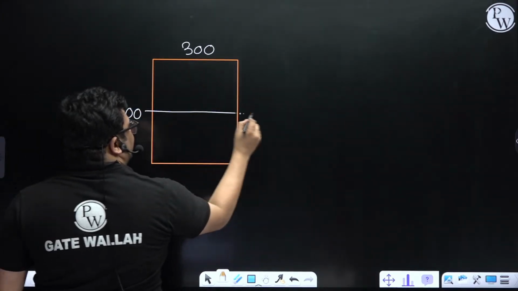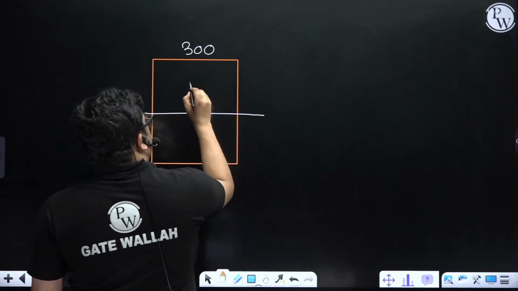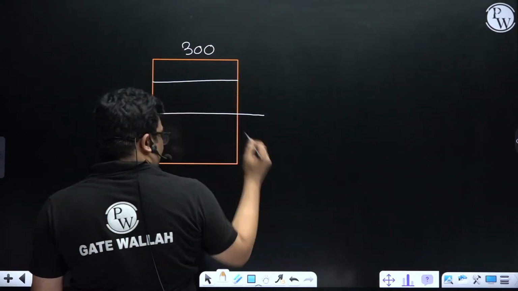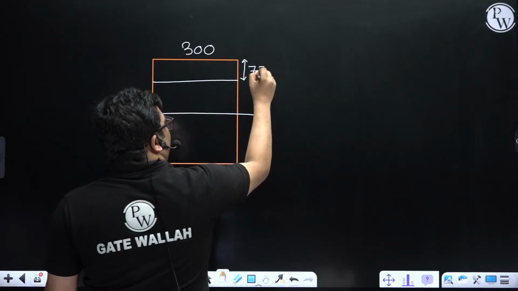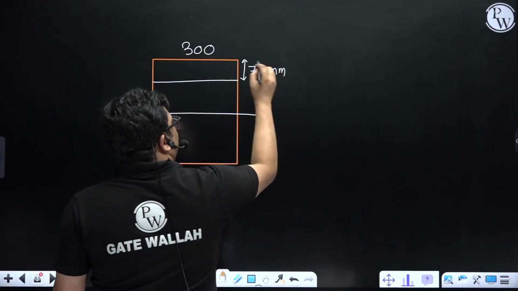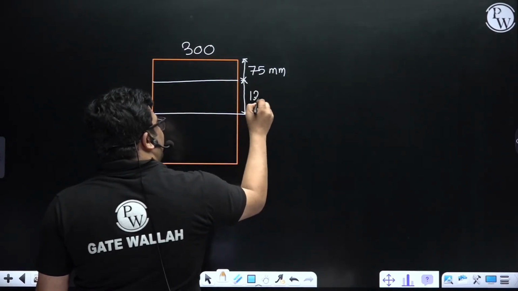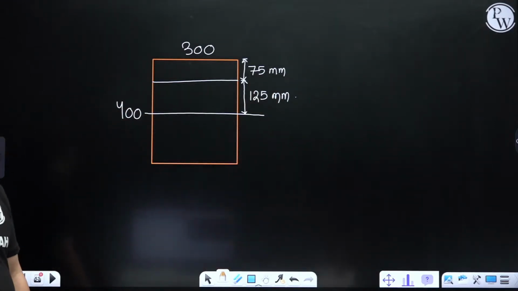And they're asking you to find out the shear stress where? At this point. How much? 75 mm from top. If this is 75 mm from top, then this is how much? This is 125 mm, right?